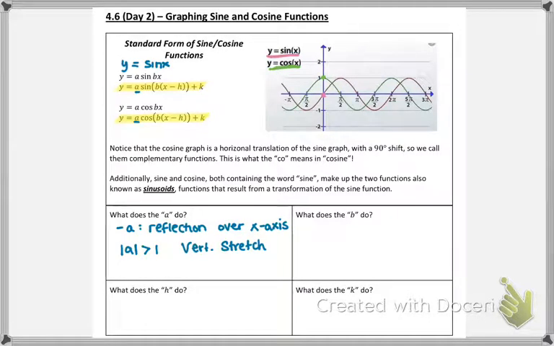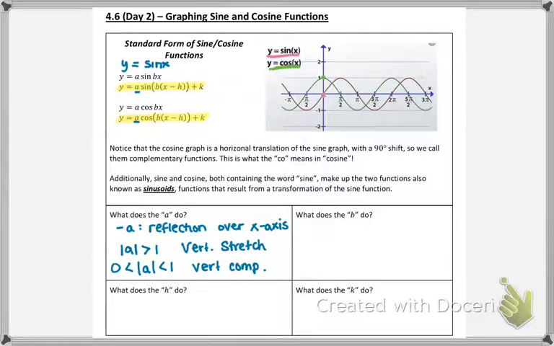And if the absolute value of a is between 0 and 1, if it's a fraction between 0 and 1, then it's a vertical compression. So I'm taking my wave and stretching it vertically or compressing it vertically.